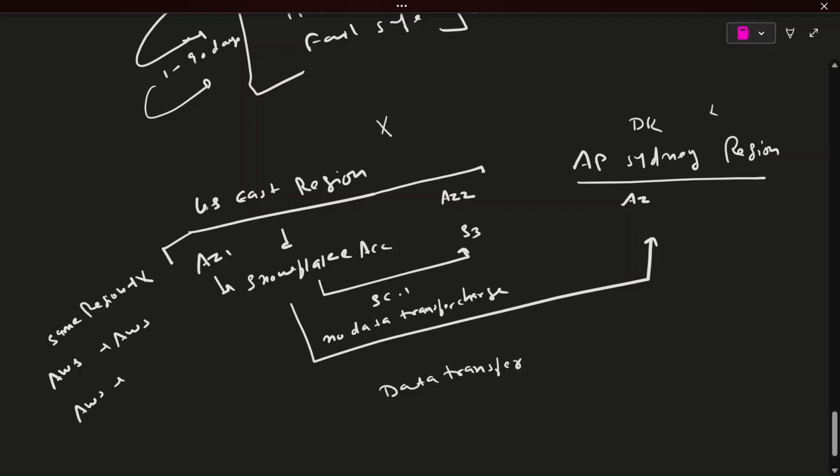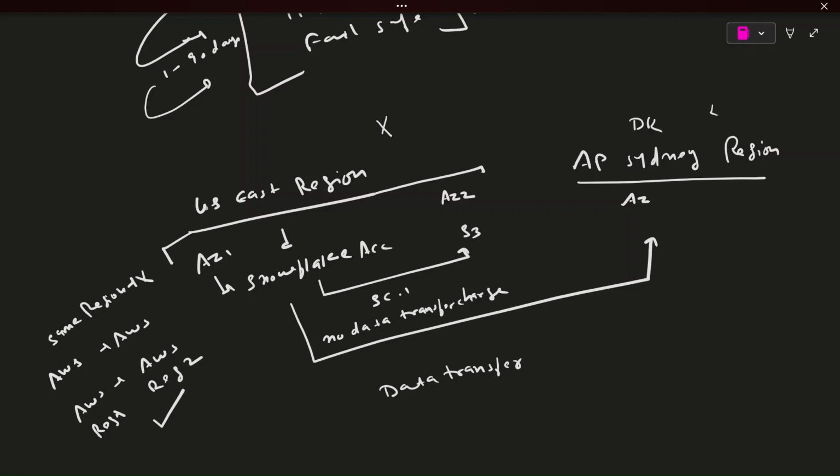AWS to AWS, this is region 1, this is region 2, charges will be there. Got it? Charges will be there.